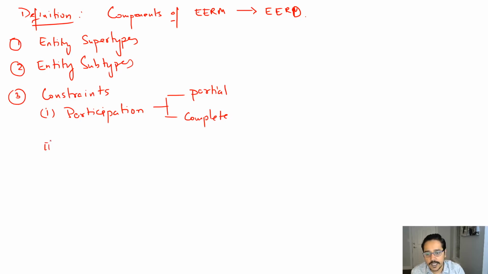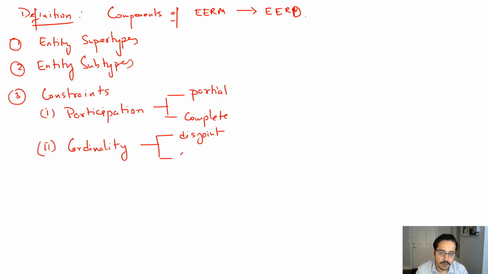And then the second one is cardinality, which can again be of two types, which is disjoint and then overlap.